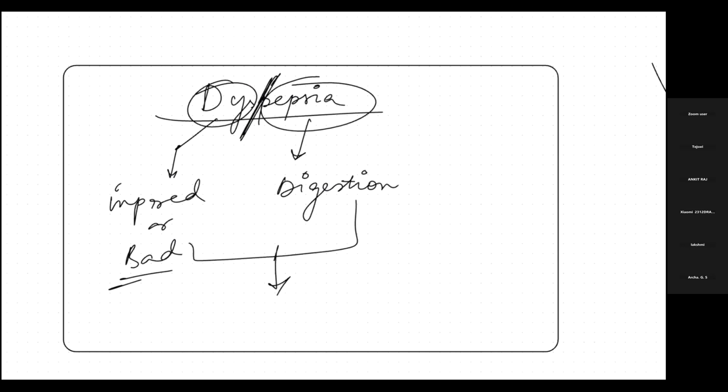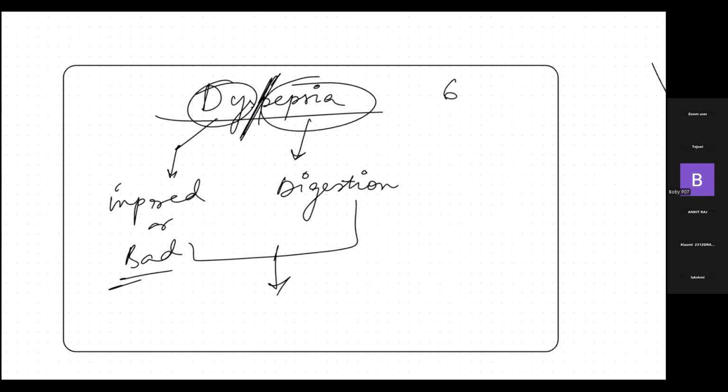Now we can correlate this with day-to-day life. When do we say that, oh, my digestion is not proper? Whenever we have discomfort or pain in the upper abdominal region, or we have early satiety, postprandial fullness, bloating, nausea, or belching. Mostly, we should remember these six common conditions.